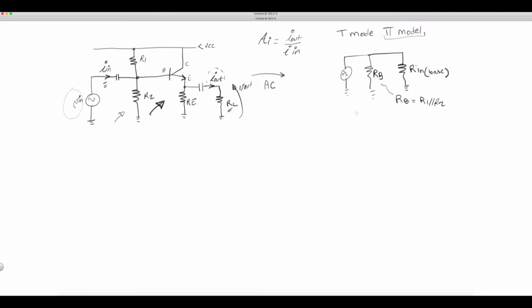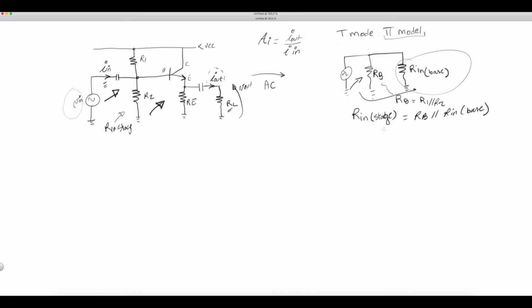And Z total, or R in total, or R in stage in our case, which would be the resistance seen from here, R in stage, as seen by the source. What does it see? From this point down, it will be equal to RB in parallel with R in base. This configuration right here.